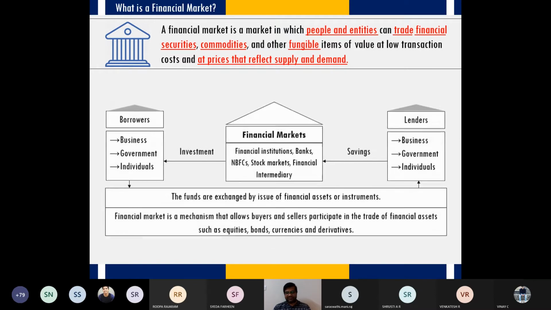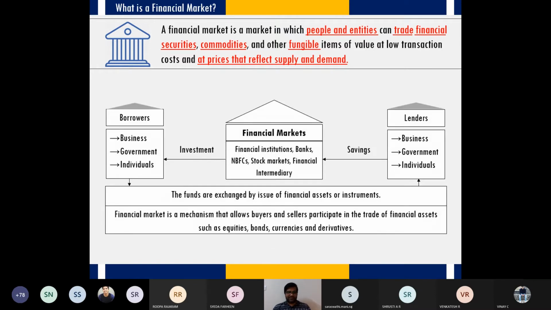And this diagram, which might sound a little confusing, because when we see on the left and the right, we more or less have the same entities, right? You see here we discussed something called people and entities. So who are these people and entities? This diagram represents those people and entities.